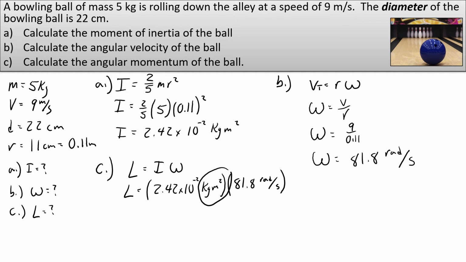So this is a kilogram meters squared per second. When you do the multiplication, you get an angular momentum of 1.98. And what are the units for angular momentum? Not a kilogram meter per second, but a kilogram meter squared per second. That's your rotational mass, your moment of inertia, times your angular velocity, radians per second. So just a kilogram meter squared per second, that's your angular momentum unit.